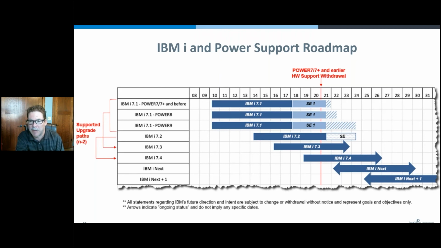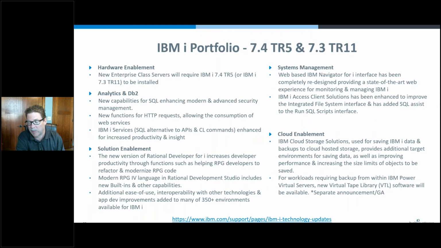Hopefully you can get to the newer releases, where we are putting in new function. As you can see, with the new Power10 E1080, you have to be at 7.3 or 7.4 to even run on that. As I mentioned, technology refreshes a lot of times have hardware functions like enablement for the new server, but that's not the only thing.